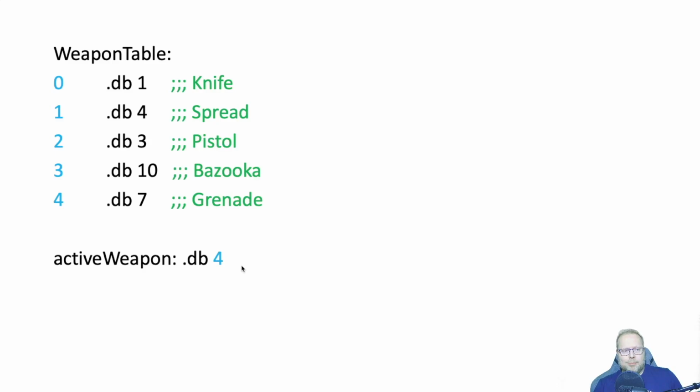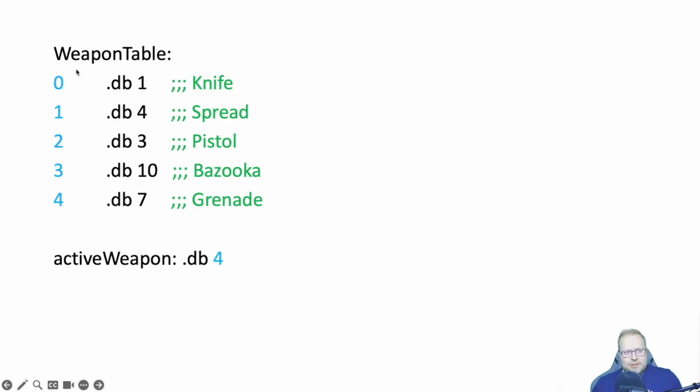Here's my weapon table. If I define this a little more, I can say that the first one is a knife, the second one is a spread gun, third is a pistol, then we have a bazooka and then a grenade. These are the different weapons in my game.